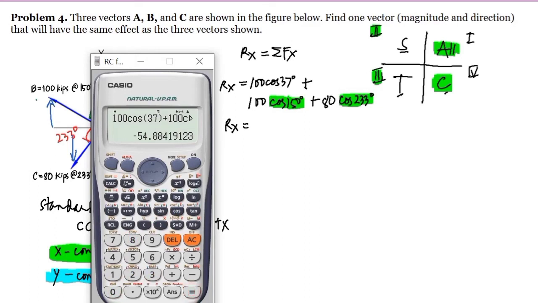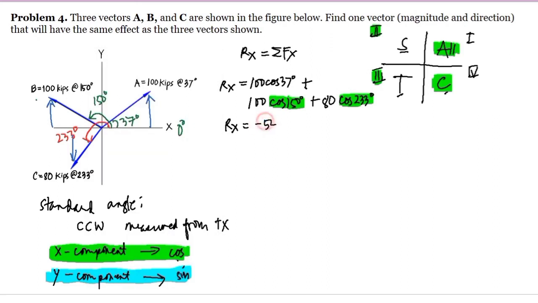And we have here negative 54.88 kips. Since this is negative, it only suggests that Rx is 54.88 kips directed to the left.